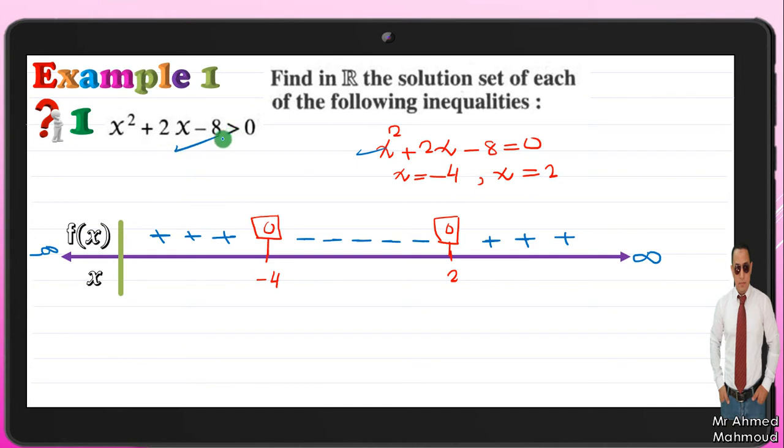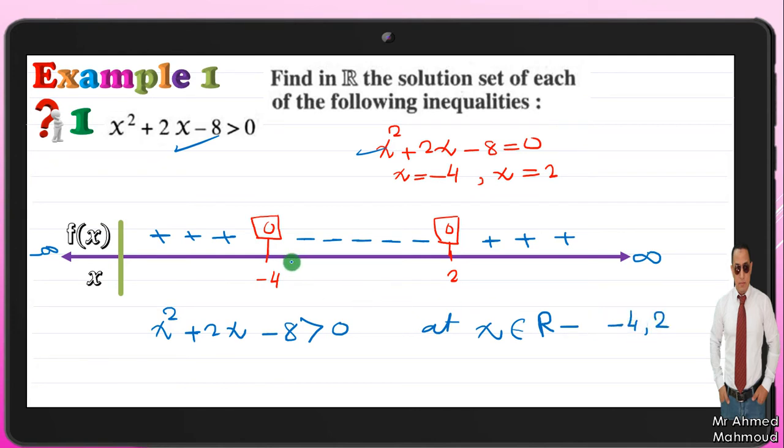I need the function at x greater than 0. Greater than 0 when the function is positive. So I'm going to take the positive part only. So x power of 2 plus 2x minus 8 is greater than 0 at x belongs to R minus in between from negative 4 to 2.